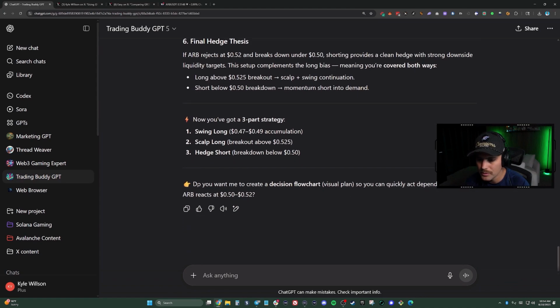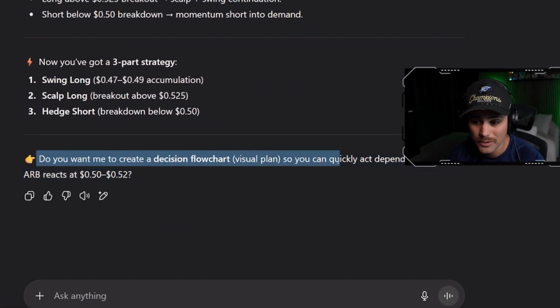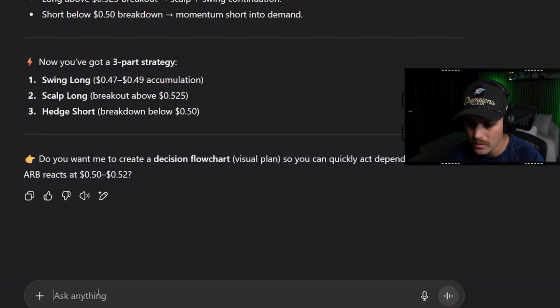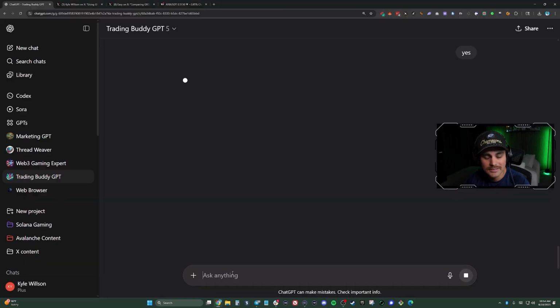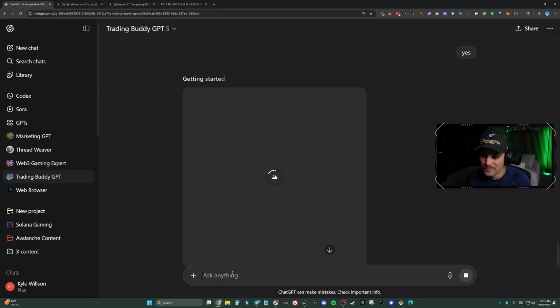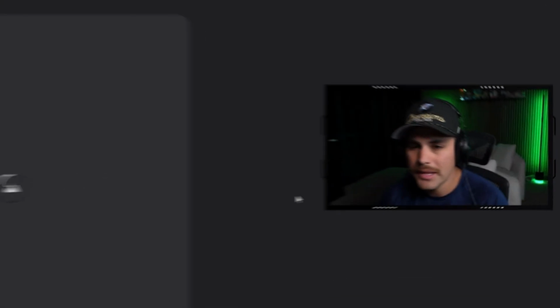And then of course, do you want me to create a decision flow chart, a visual plan, so you can quickly act depending on how ARB reacts? So we'll click yes. Pretty cool stuff, right? All you're doing is, it's doing all the work for you in an intelligent, educated way. Now, none of this is financial advice. You don't even have to trade any of this. You could use it for your own research purposes.